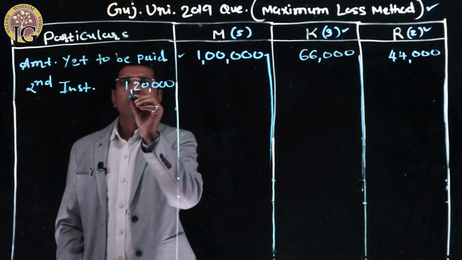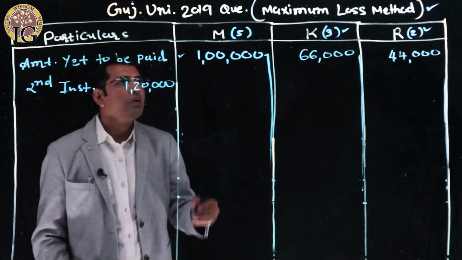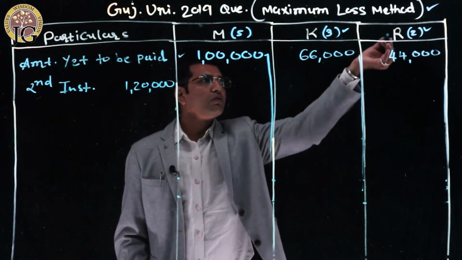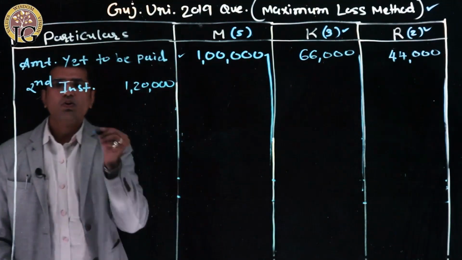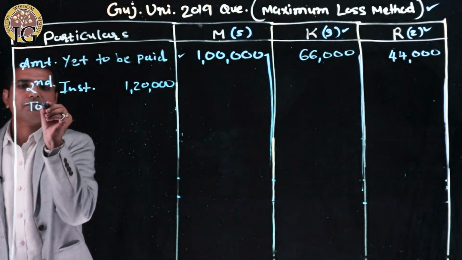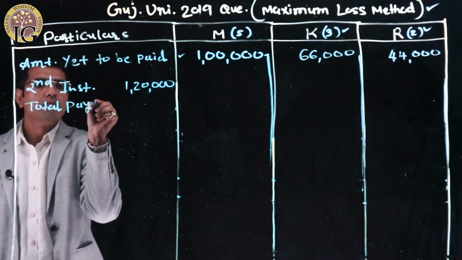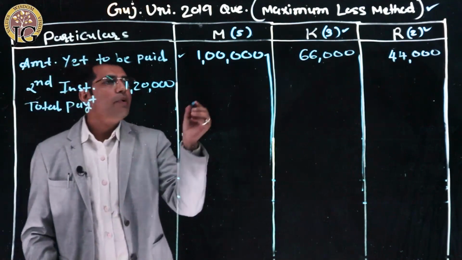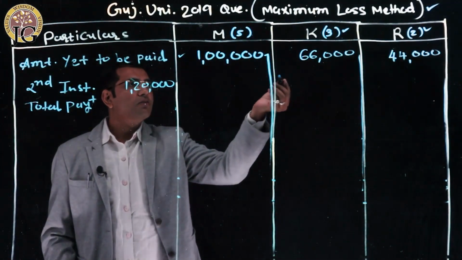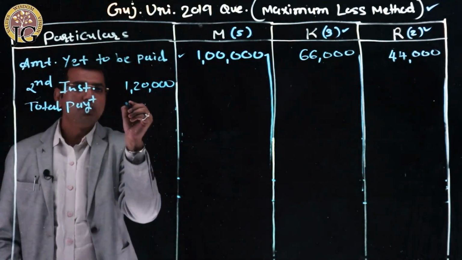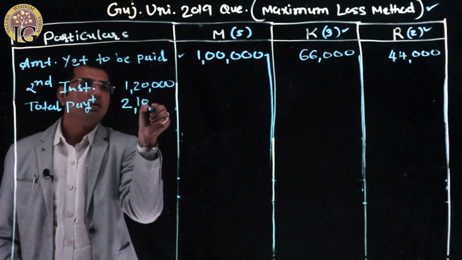Now we have 1,20,000 in hand, but we have to pay 1 lakh to M, 66,000 to K and 44,000 to R. So total capital payment we have to make is 1 lakh plus 66,000, 1,66,000 plus 44,000, that is 2,10,000 rupees.